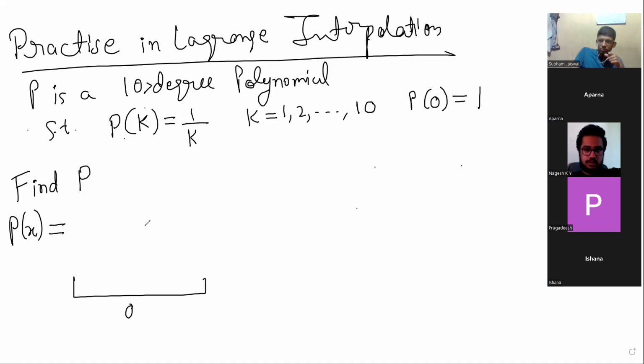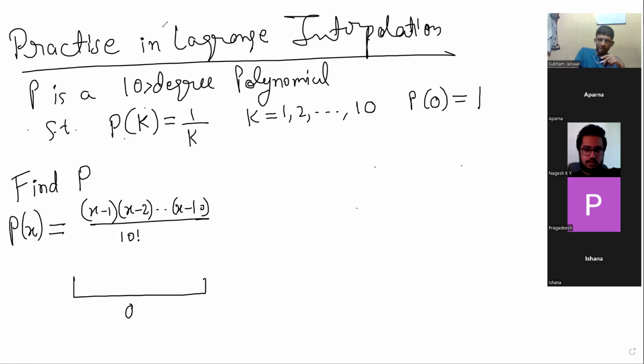It would be x minus 1 times x minus 2 till x minus 10 by 0 minus 1 into 0 minus 2 till 0 minus 10. Yes, right. The denominator, 0 minus 1, 0 minus 2, will just become 10 factorial, right? Everybody knows factorial.